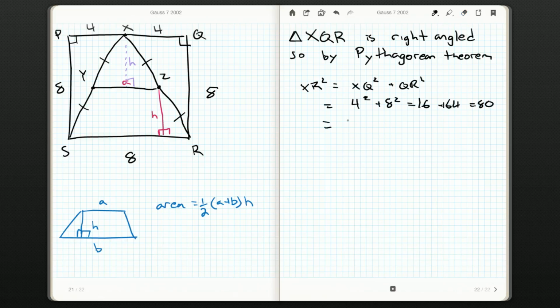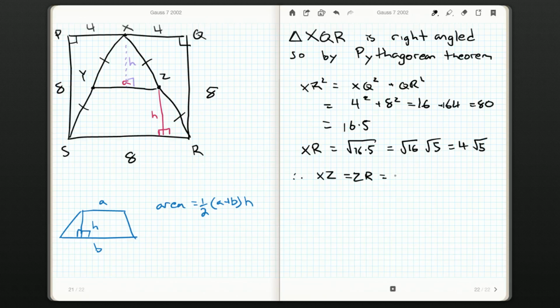Now you can punch it in on a calculator, or you can realize 80 is 16 times 5. So XR is going to be the square root of 16 times 5. Square roots distribute over the multiplication symbol, so it's going to be 4 root 5. And so that tells us that XZ and ZR, these are values that we know are all equal. It's going to be 1/2 of XR, so that's going to be 2 root 5.